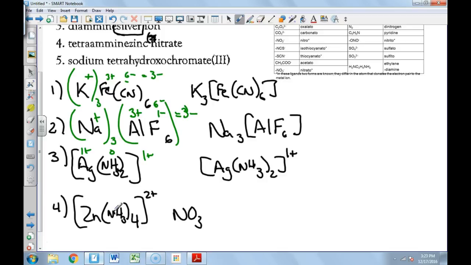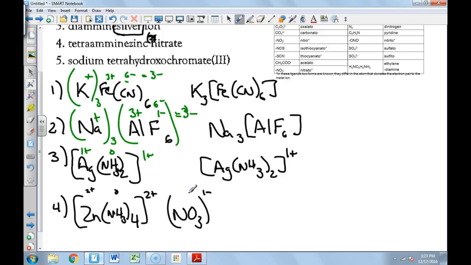Zinc is 2 plus, amine is 0, so 4, 0. So that means that 2 plus and then 0. So that means the overall charge here is that. Now nitrate is something that you should have in mind from your naming of binary and polyatomic ion compounds, intro chem stuff. Nitrate is one of those polyatomic ions, and the charge on nitrate is 1 minus.